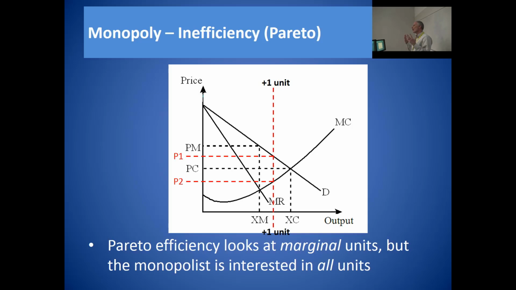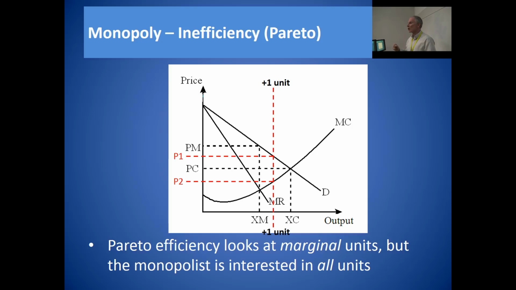Well, if you listen back to the language that I've used when I've defined this idea of Pareto efficiency, I've always talked about the next unit, or the marginal unit. And that's the angle that this idea of Pareto efficiency takes. It looks at the marginal unit, the next unit.